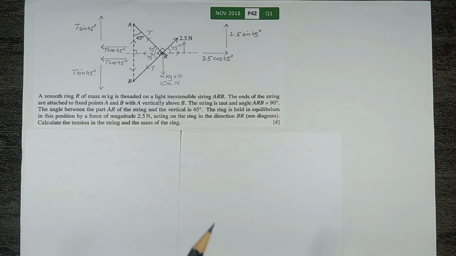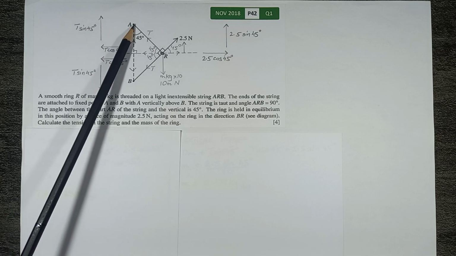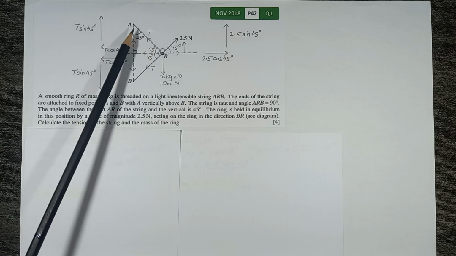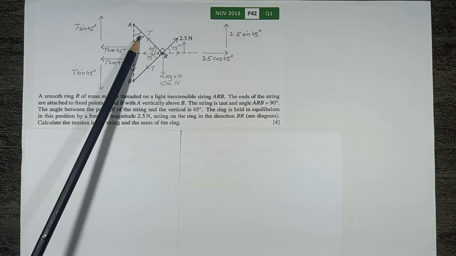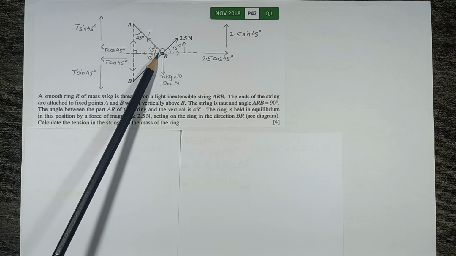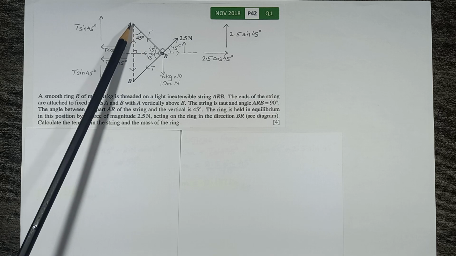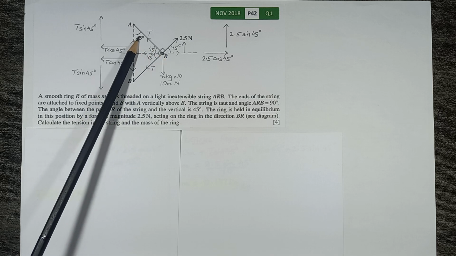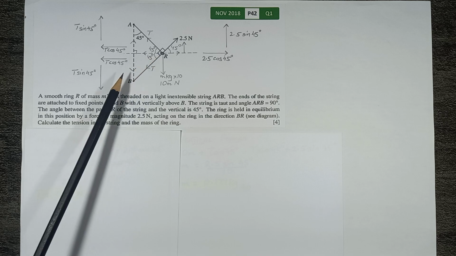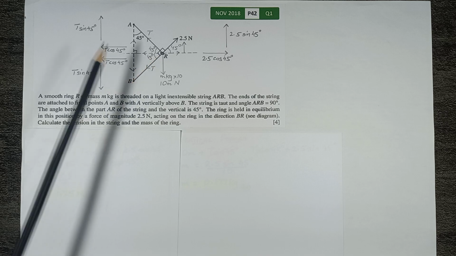That means the angle here is 45 degrees with the vertical, and because this is 90 degrees and the sum of angles in a triangle is 180 degrees, if this is 45 and this is 90, then this is also 45.